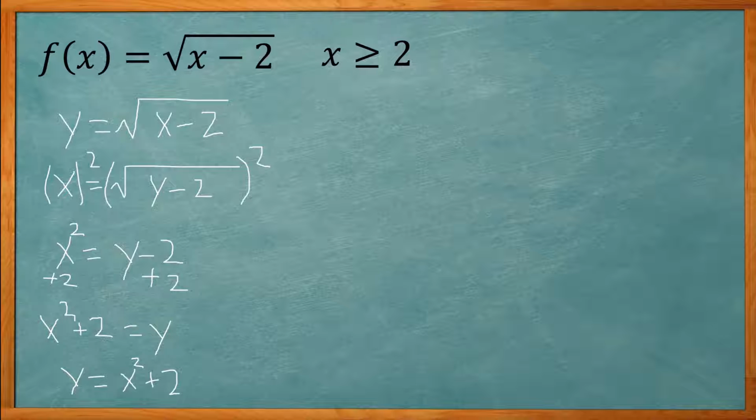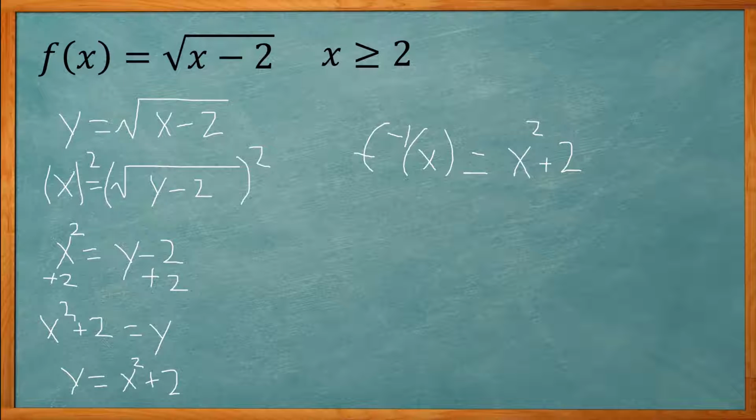And then I'm going to change that to the inverse function notation. F inverse of x equals x squared plus 2. And we have no restrictions on the domain here. So there's no division by 0, and there's no square root on this side.